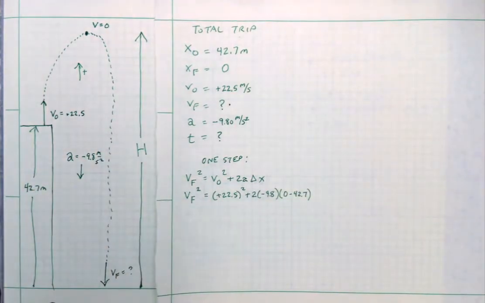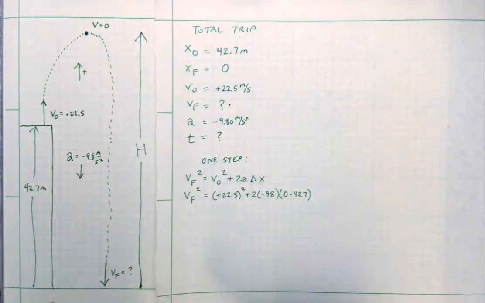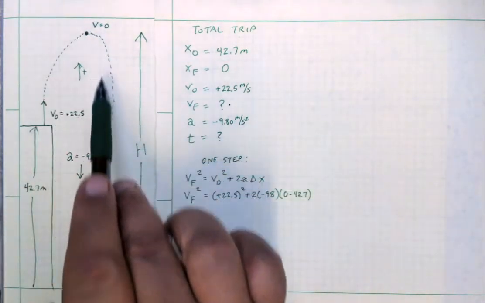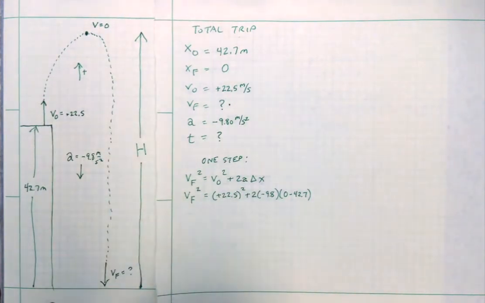It's very important to have those in the proper order, or you're going to get an incorrect answer. Because the displacement of the ball is, in the end, 42.7 meters downward. It goes up for a little bit, but then it comes down, so that the total displacement from the initial position to the final position is going to be downward negative.